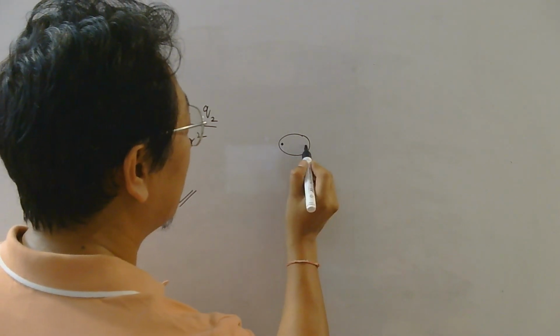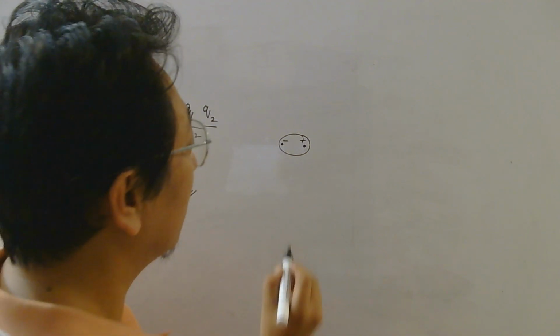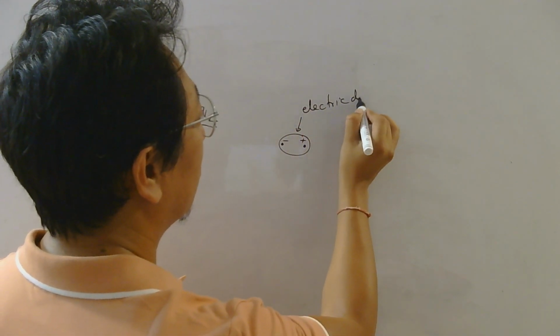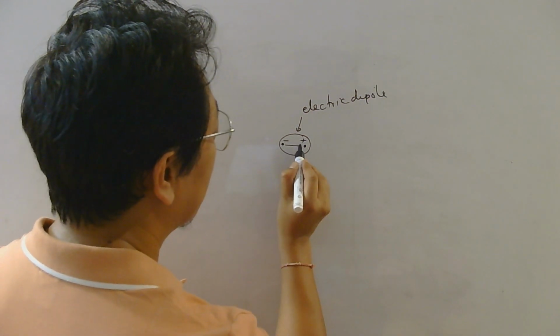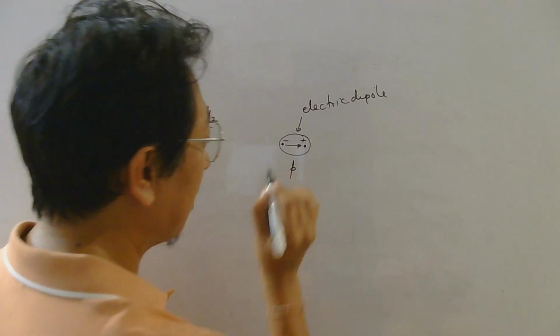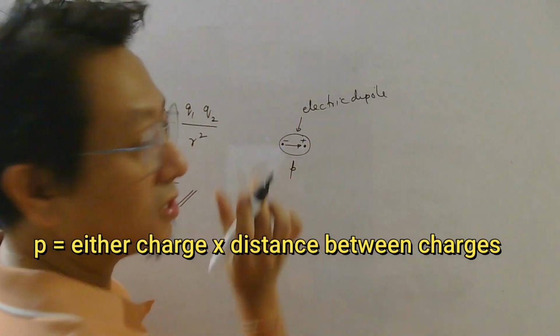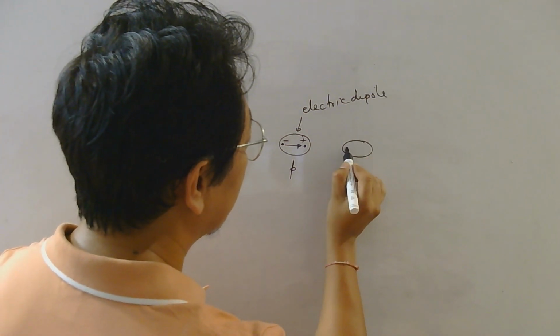Where there is separation between minus and plus charges in a molecule, such a system is what we call an electric dipole. The dipole moment is taken from minus to plus, and each water molecule will have some dipole moment p, which is the product of the charge and the distance between the charges.